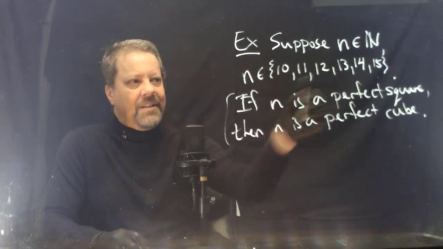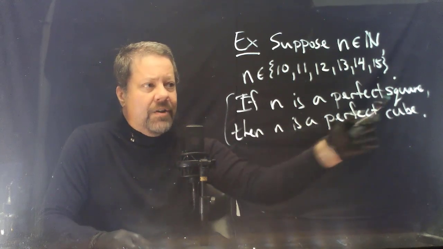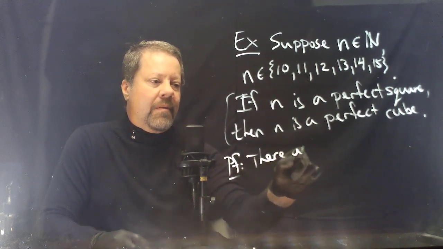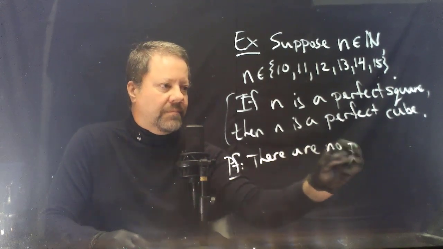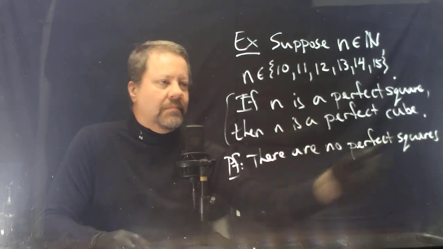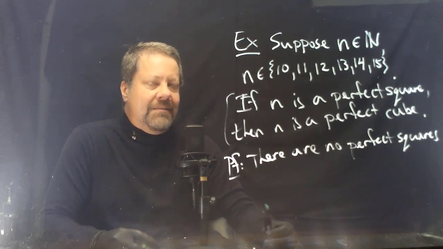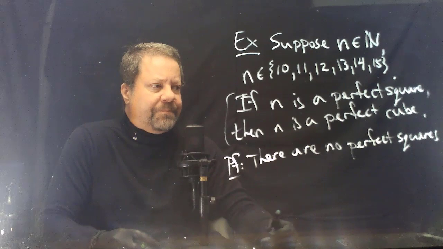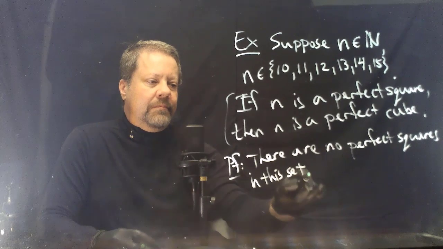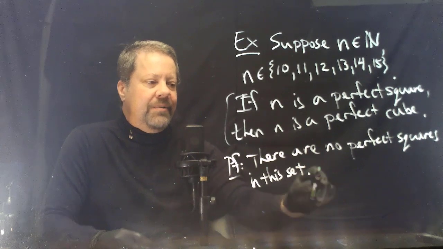But note n has to be between 10 and 15. And between 10 and 15, there are no perfect squares. Notice that 16 would be a perfect square and 9 would be a perfect square. 9 is 3 squared, 16 is 4 squared. So there are no perfect squares in this set, so the theorem is vacuously true.